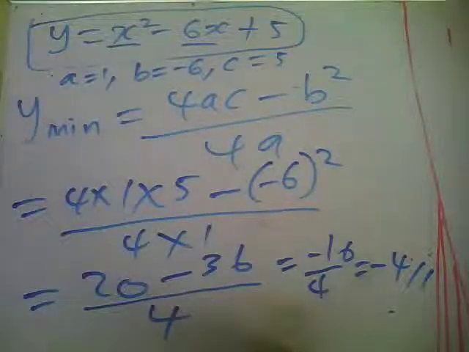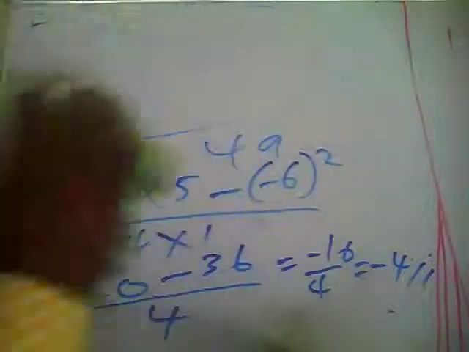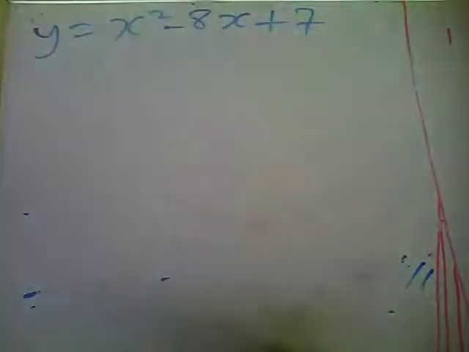Alright, now let's solve another problem. Find the value of x that makes the function y equals x squared minus 8x plus 7 minimum.